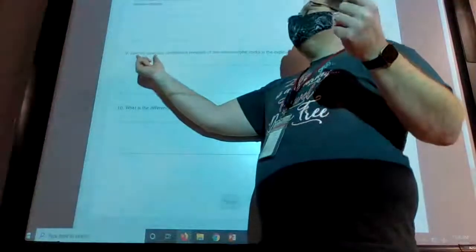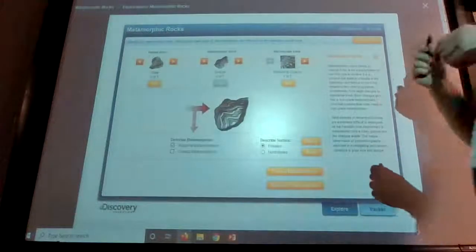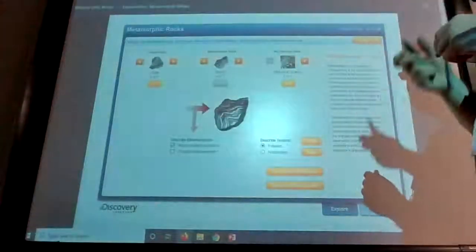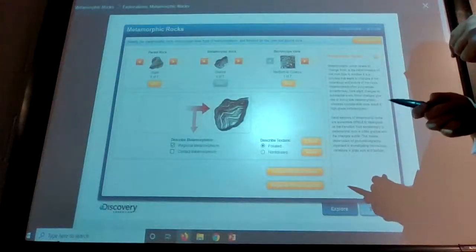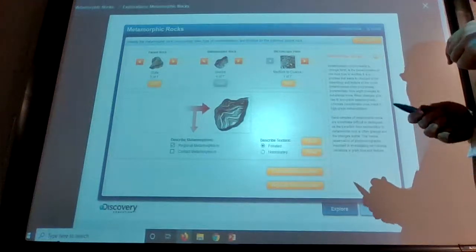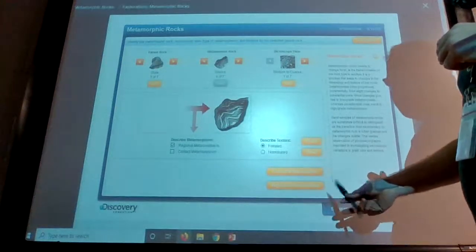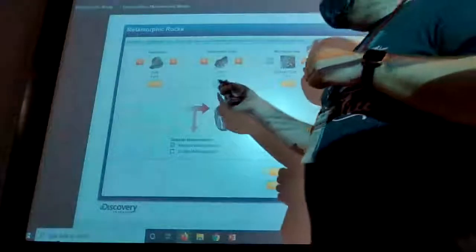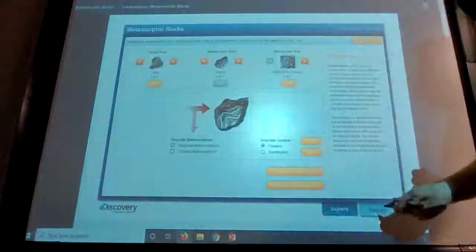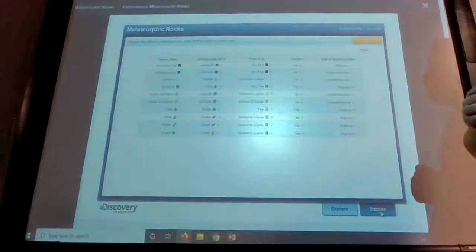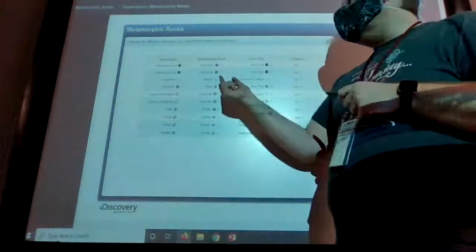Number 9, list the common constituent minerals of the metamorphic rocks in the exploration. So let's go back up and see if they give us some minerals here. I'm not seeing any minerals. What if we go to our chart? Tracker. Okay, yep, they got minerals here.